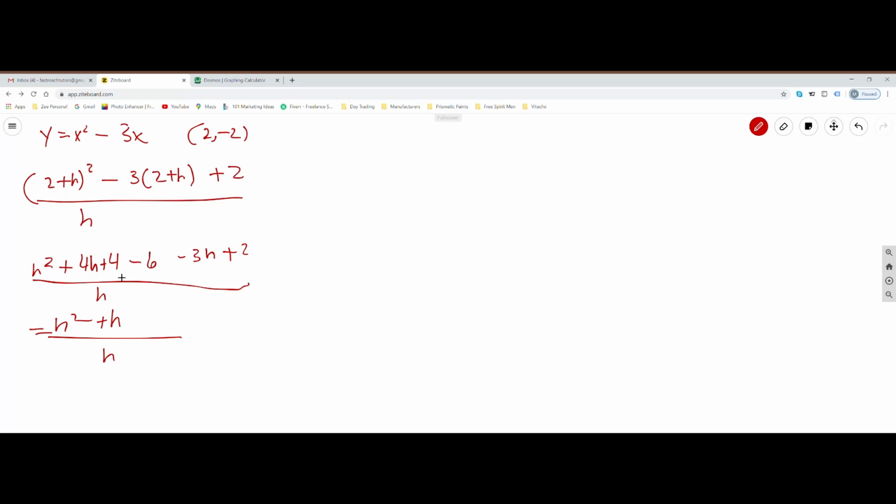So plus 4, that's 0. So equals h plus 1 over h. So h, when it's 0, the slope is 1.